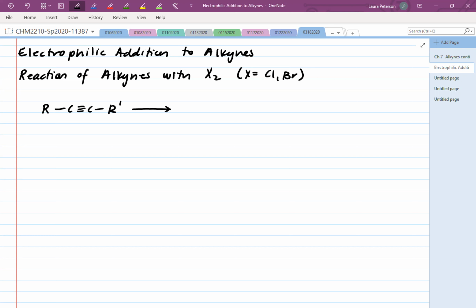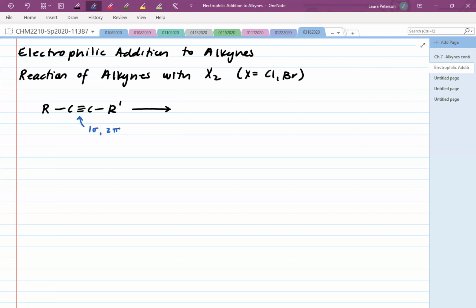We have 2 pi bonds to react as part of our alkyne. Remember that our triple bond was 1 sigma and 2 pi bonds. So we actually have 2 sources of electrons that we can utilize in these electrophilic additions. We are going to revisit the concept of varying the stoichiometry.